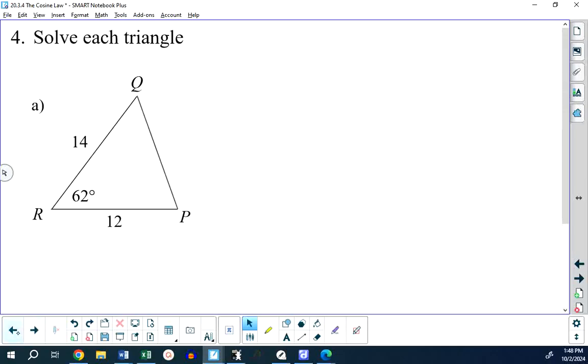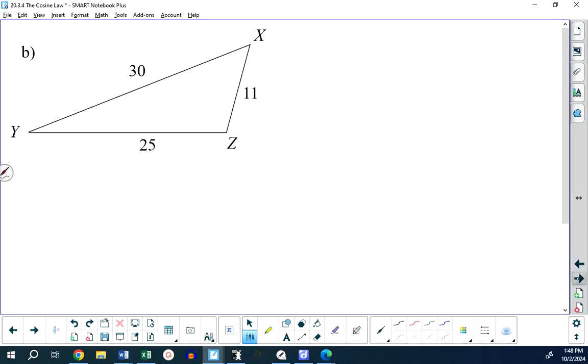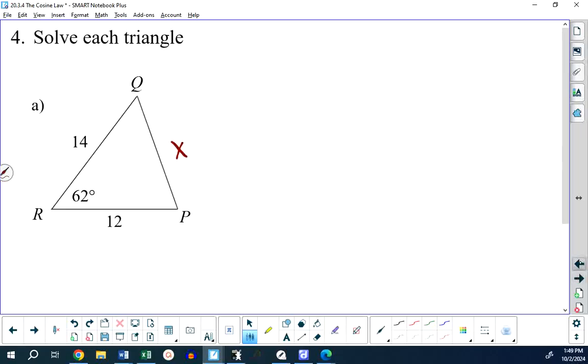I'm going to change question 4 to 2 questions. Find x and find x. Okay? And I'm going to do this on my calculator.